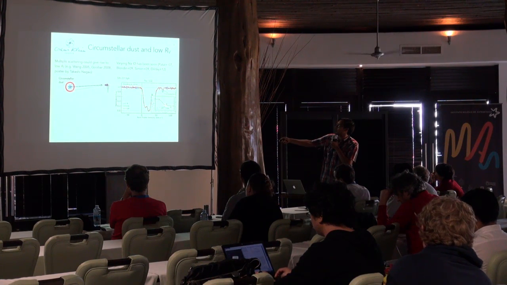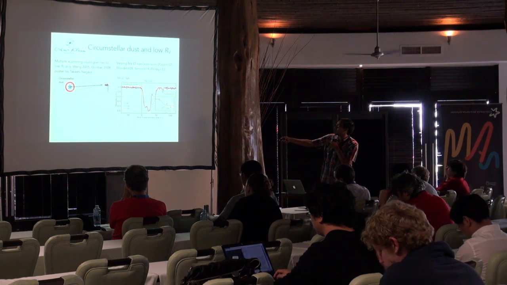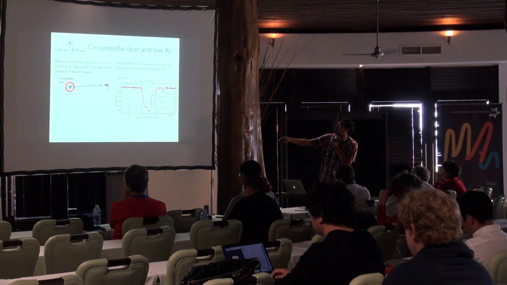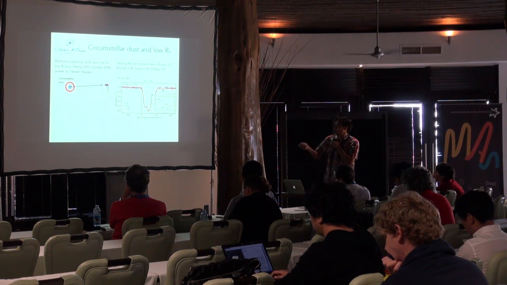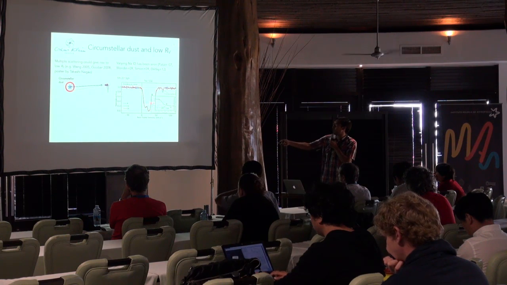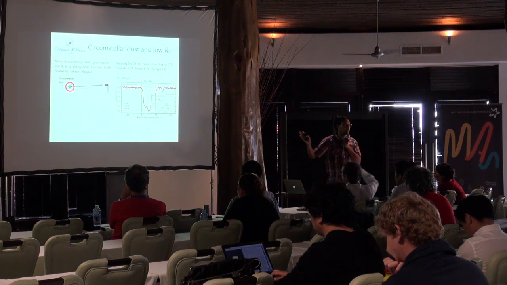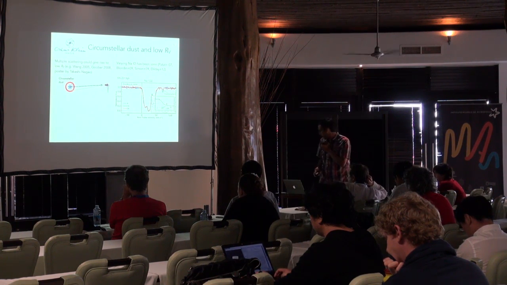And this is the derived column density that goes down with time. The solid line here is a very simple model that you get from a single circumstellar dust shell at this radius here. This radius is too far away to affect the RV, and I'll get back to that in just a second.